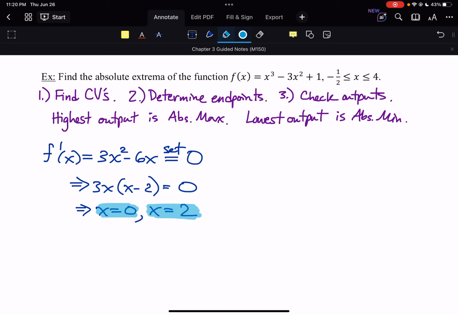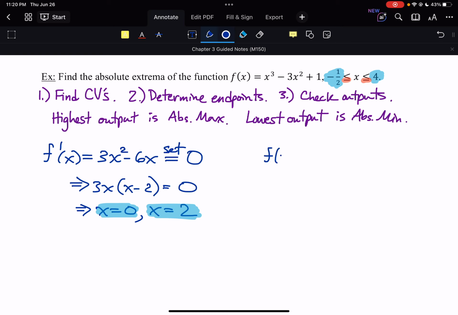So these are our critical values, and we do have endpoints at -1/2 and at 4. Notice this is a closed interval because the endpoints are included. So we don't even need to do a number line on this one.